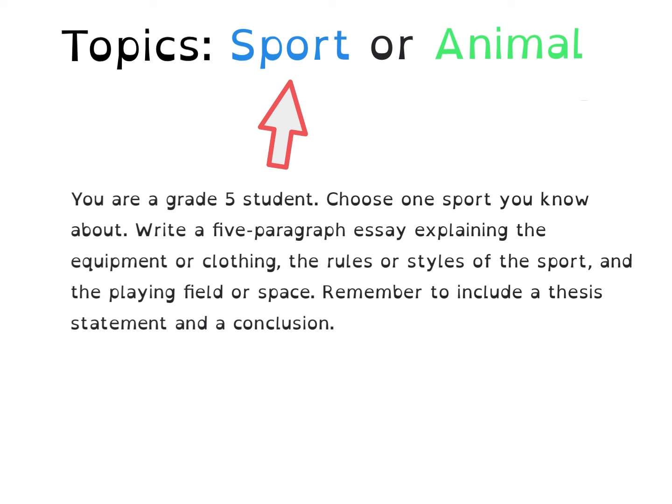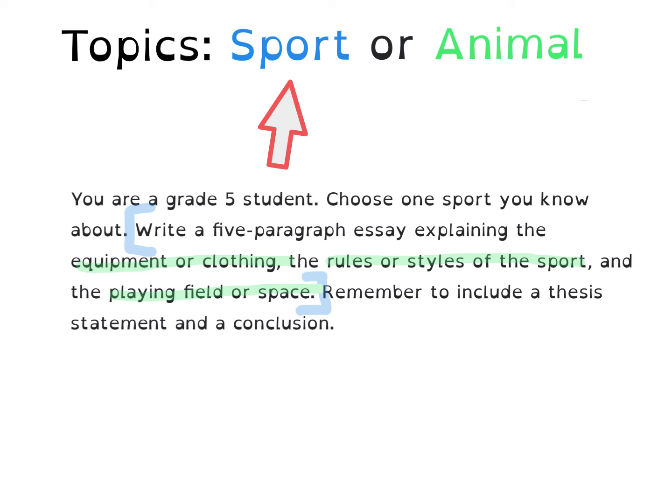Now, for right now, I want you to ignore everything except what's written in this section, because this is the part of the prompt that tells you what kind of ideas you will need to brainstorm. It says, write a 5-paragraph essay explaining the equipment or clothing, the rules or styles of the sport, and the playing field or space.